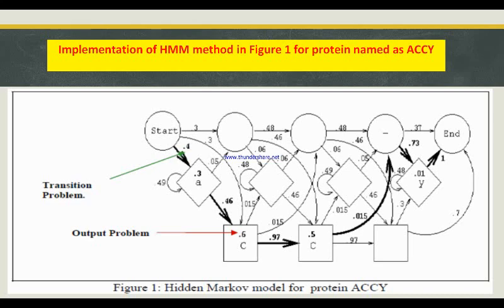And the diamond part, which is here, here, and here, is called insert states, where we want to insert the nucleotide sequence. And then the circle part, which is here, start, here, here, and to the end, is a silent state known as delete state, and models deletions. This type of HMM is called a profile HMM.